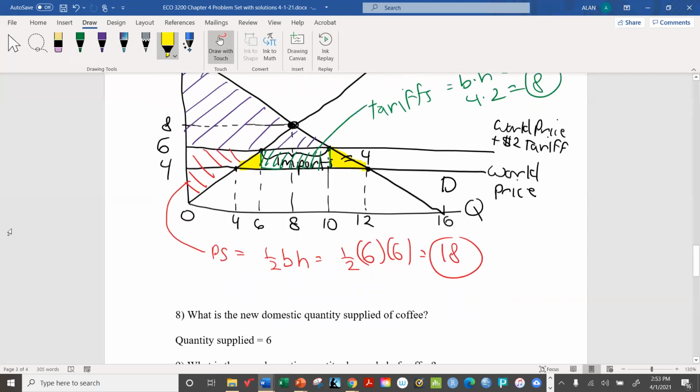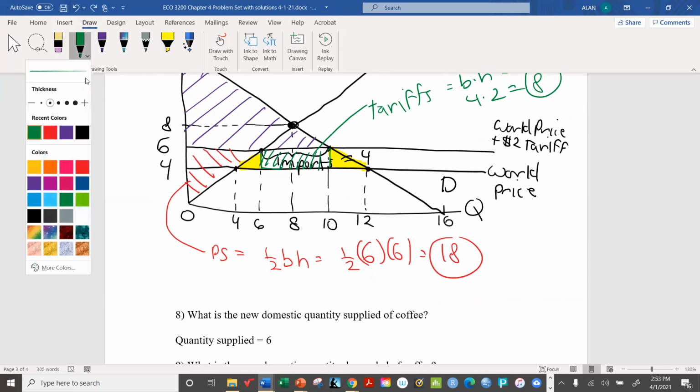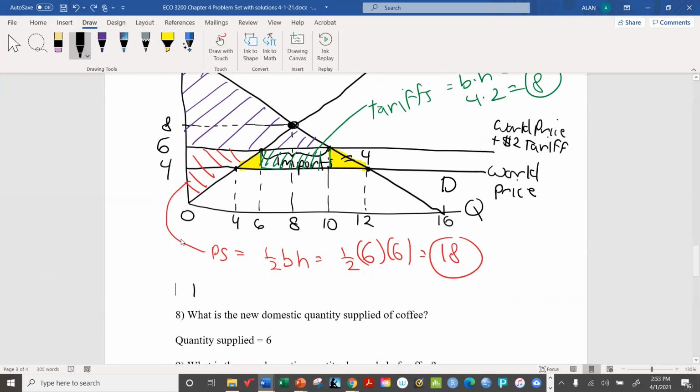Okay, so if you wanted to do it that way, the deadweight loss equals the area of, I guess I'll just call them the two yellow triangles.